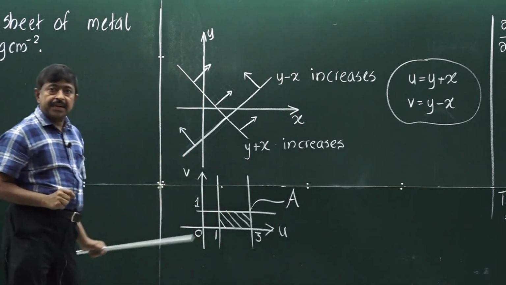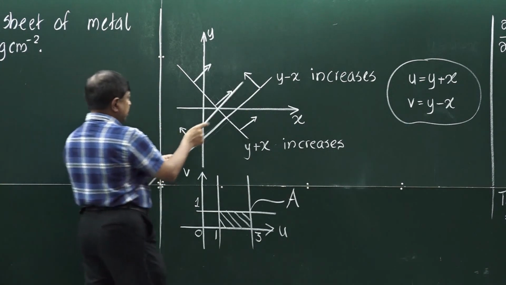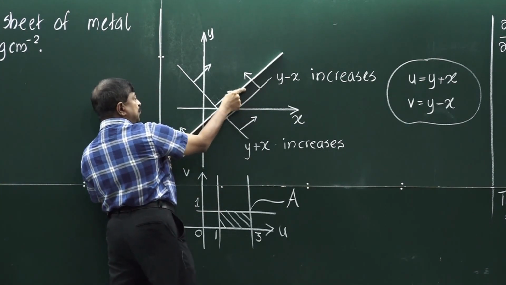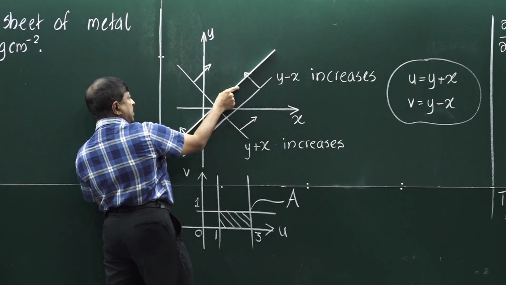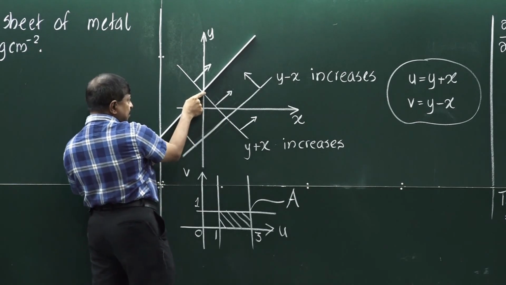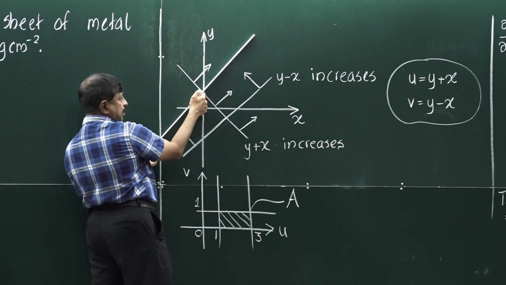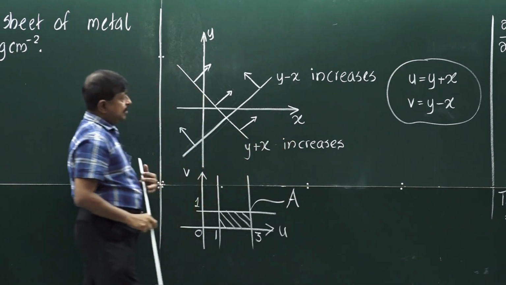If you want to increase c, you have to move this way, while keeping this line parallel to the previous line. If you move this way, you can increase the intercept. That means, if you move this way, y minus x increases.